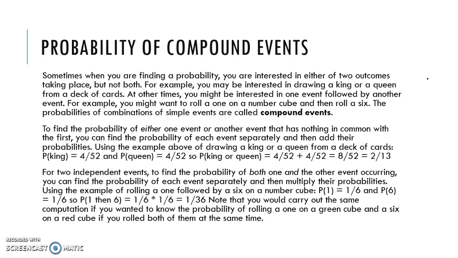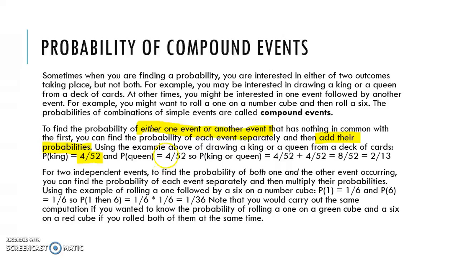If we are finding the probability of either one event or another event that has nothing in common with the first, they are independent events, then those probabilities can be added. You add their probabilities. So using the example of a deck of cards, if I draw a king or a queen from a deck of cards, probability of drawing a king would be 4 out of 52.